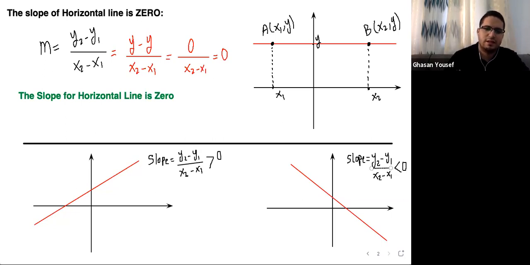When I see a line like this, or like that, or passing the origin (0, 0), always the slope is positive, and the line in this shape is always negative.